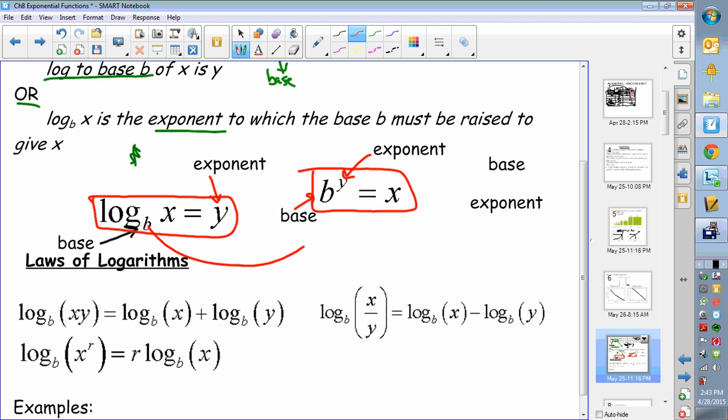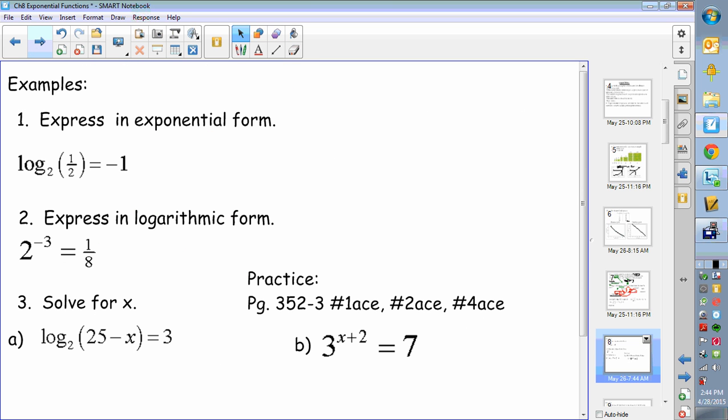The base goes here, the equals is the exponent, and the x that you're taking the logarithm of is your answer. All right, we're going to play a lot more with that and with these laws of logarithms. First, we'll just look at writing some of these in exponential form and in logarithmic form.